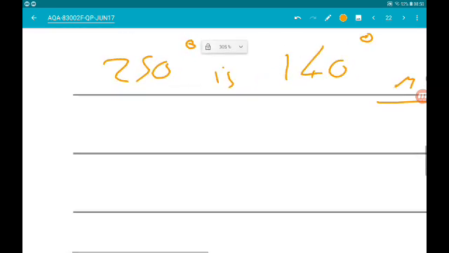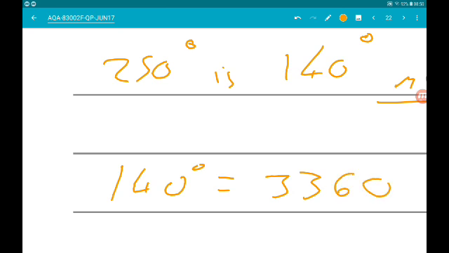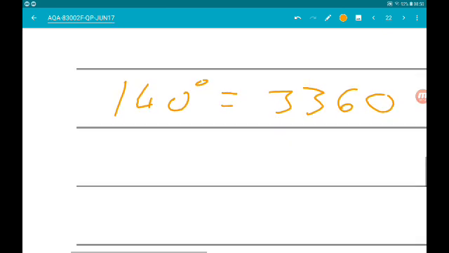So 140 degrees is equal to 3,360 people. Now we could work out what 1 degree represents: 3,360 divided by 140, and you get 24. So 1 degree represents 24 people.